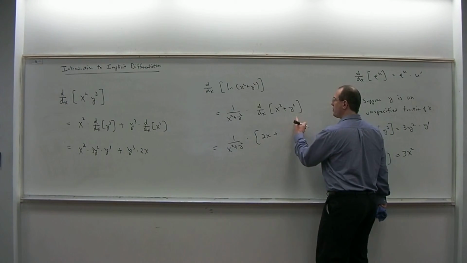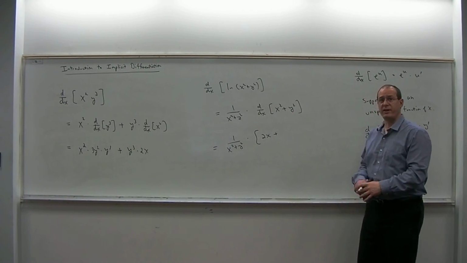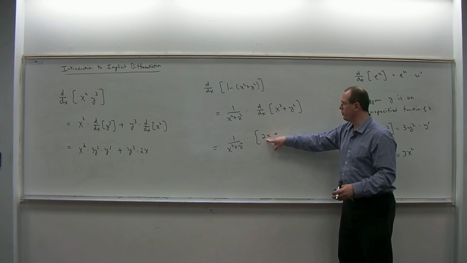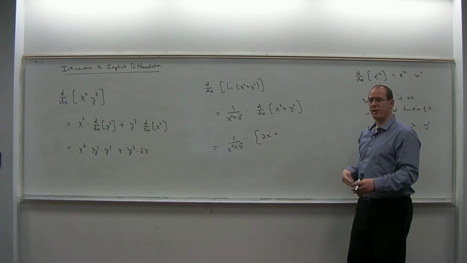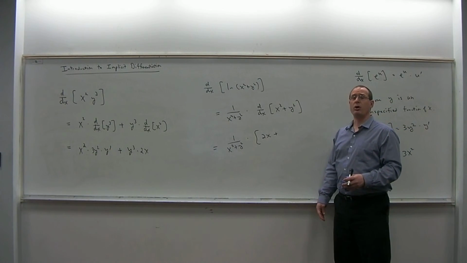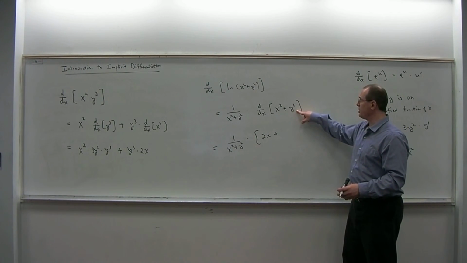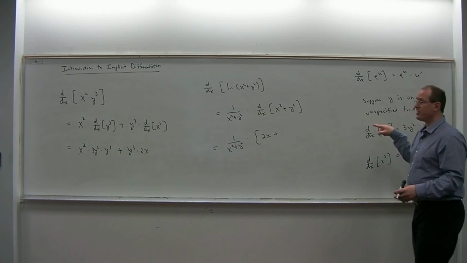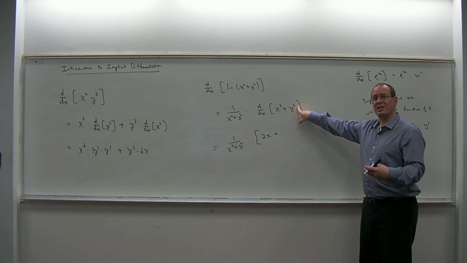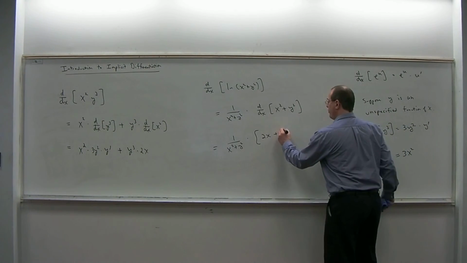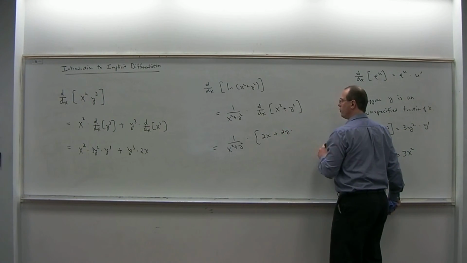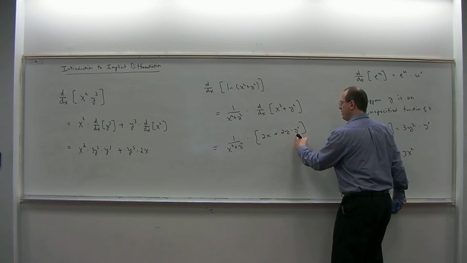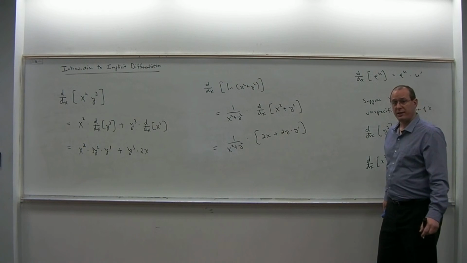The derivative of y squared is a little bit different than the derivative of x squared. The derivative of x squared is just an ordinary power rule, 2x. The derivative of y squared involves the power rule, but also the chain rule, because this is a composition. Y is an unspecified function of x, and therefore y squared is a composition. So we have to use the chain rule. 2y, that's the power rule for the derivative of the outside, times y prime, that's the derivative of the inside.